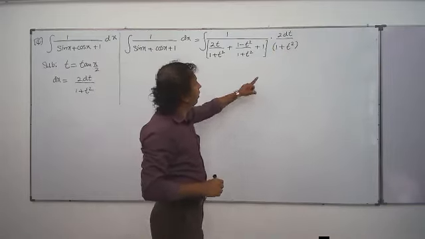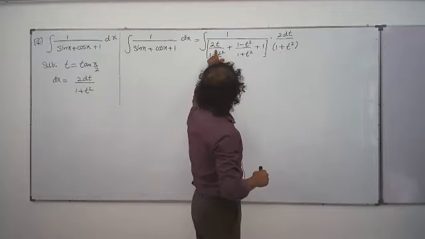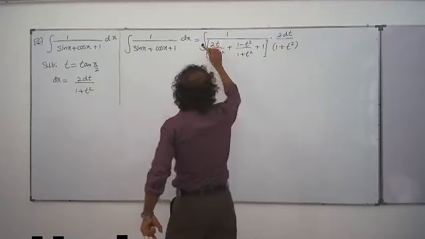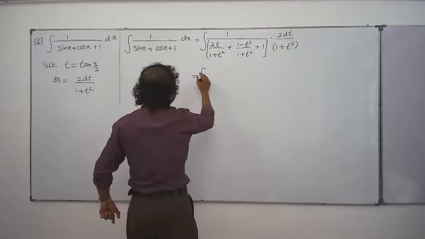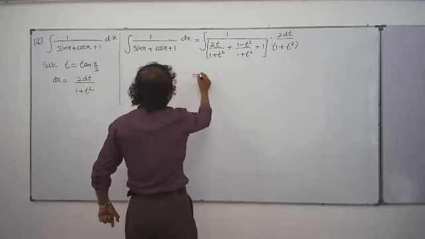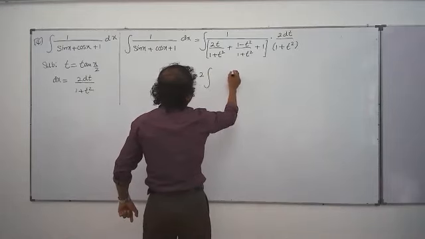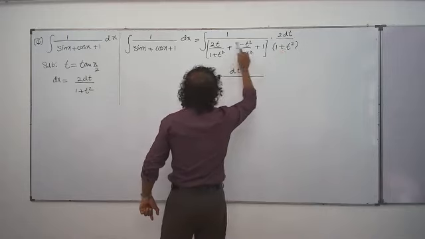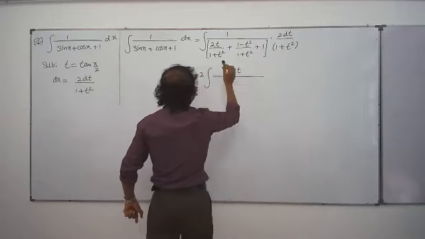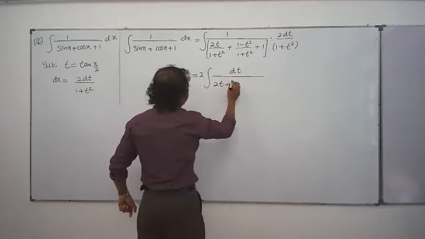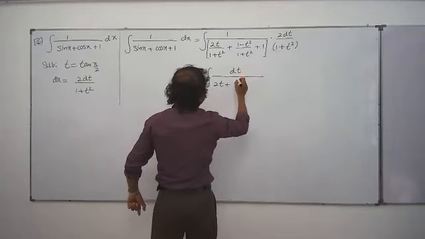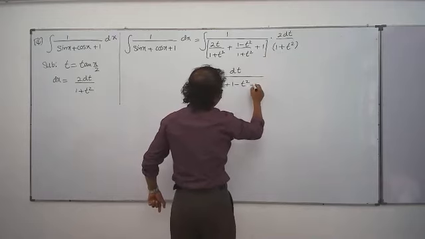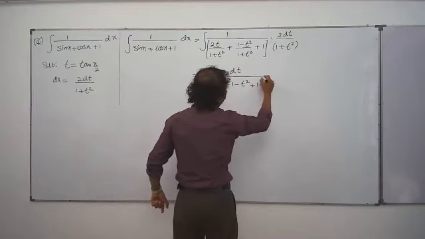Now I can multiply by this 1 plus t squared all these three terms, right? This 2 I can take out because it's a constant. Once I take that 2 out, we get dt here. Multiply this and this, the 2 will cancel off, we get 2t. This and this, 1 minus t squared. This and this we get 1 plus t squared.